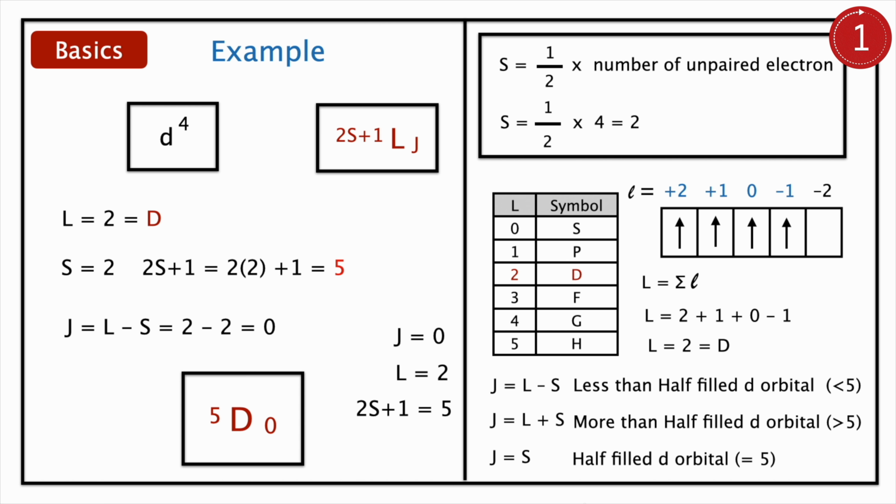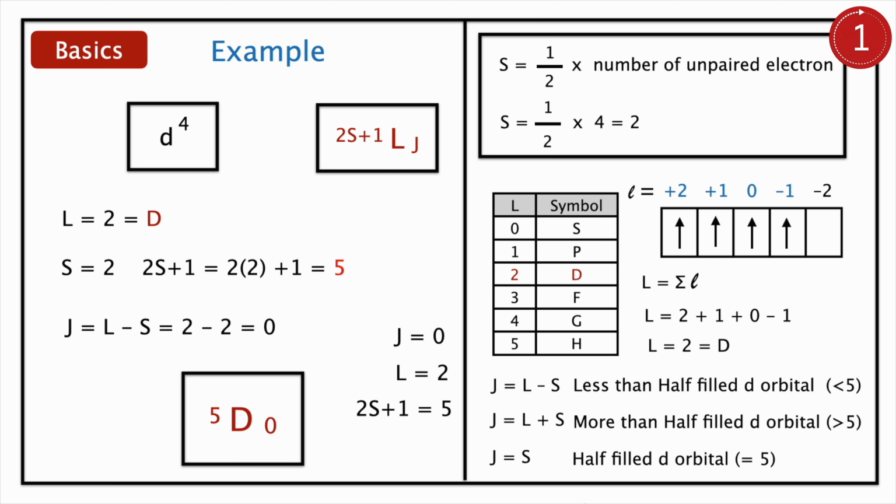Here I have given one example, the d4 system. For d4, you can clearly see 4 unpaired electrons because it is less than half filled. So S will be half into 4, which gives 2. 2S plus 1 is 2 multiplied by 2 plus 1, which gives 5.